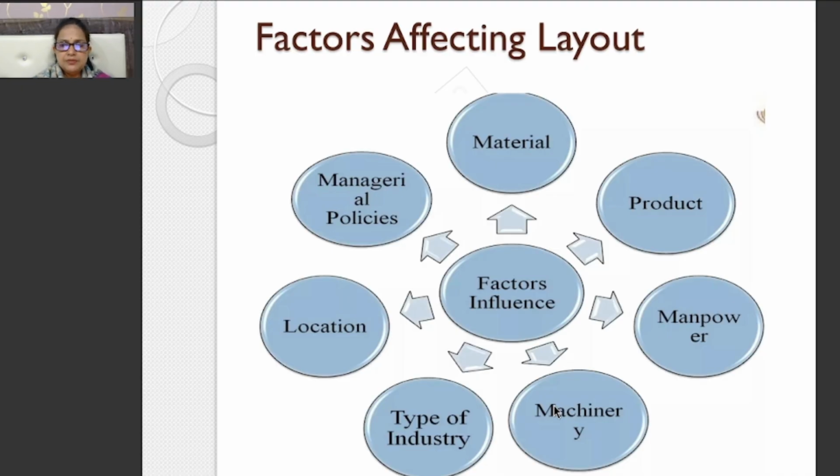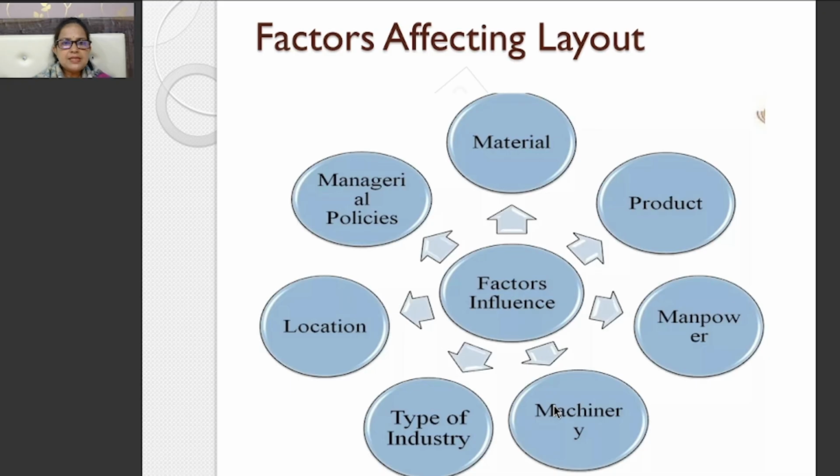If we are producing on a mass scale or on a batch scale, how we are going to arrange the machines is very important in layout. Which type of industry, like we are manufacturing something, or we are doing an assembly line. All these things are very important.